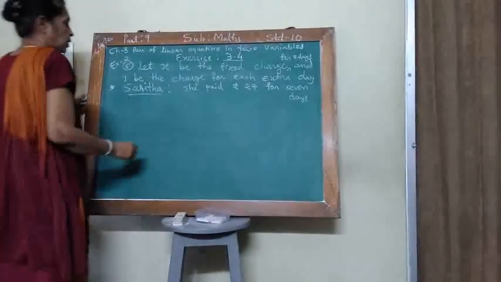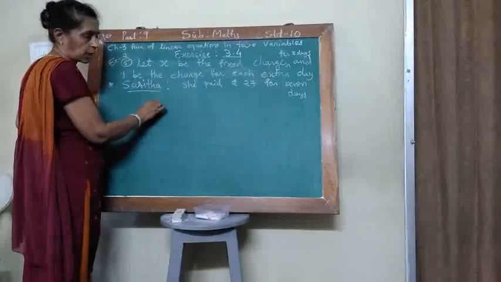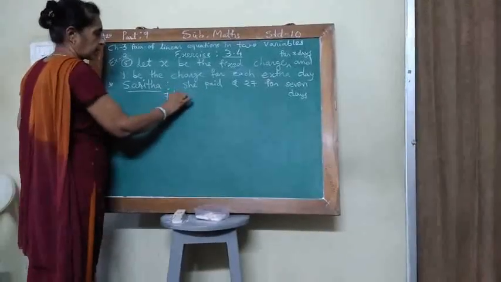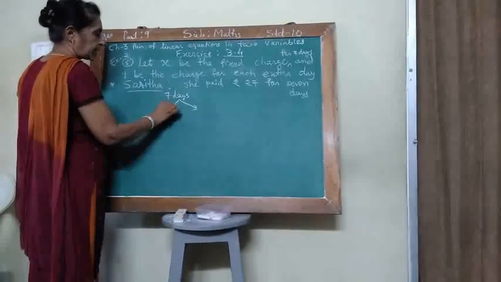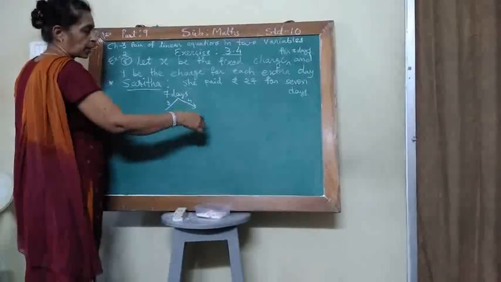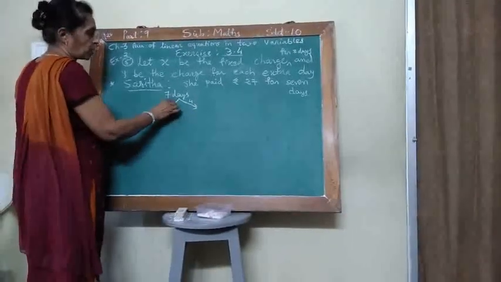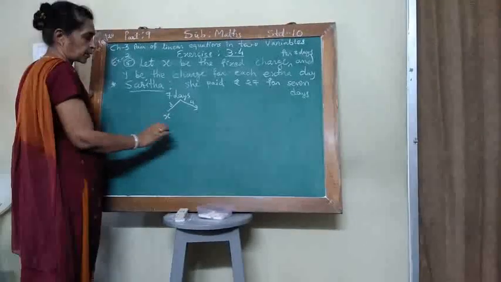7 days. So 7 means 3 days x rupees charge. I split it this way: 3 days, and the remaining days are 4 days. So y how many times? 4 times. For 3 days she has to pay only the fixed charge x rupees.